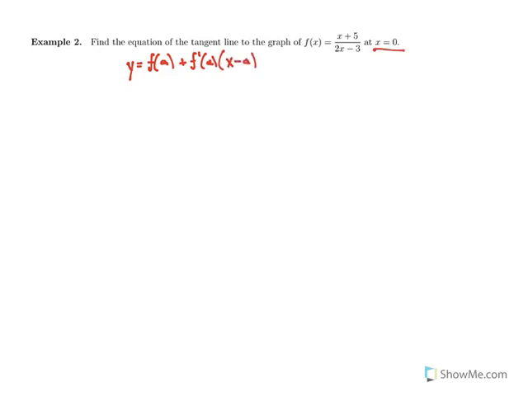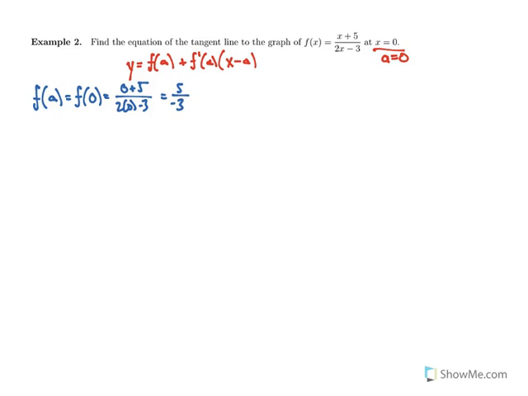In this case, a is 0. So f of a is f of 0, and that's going to be 0 plus 5 over 2 times 0 minus 3. That is 5 over negative 3, or negative 5/3.